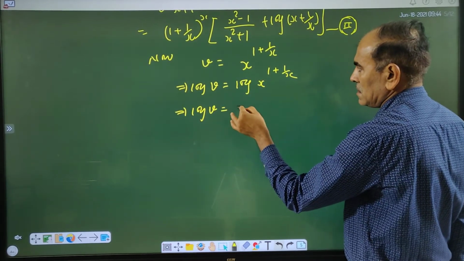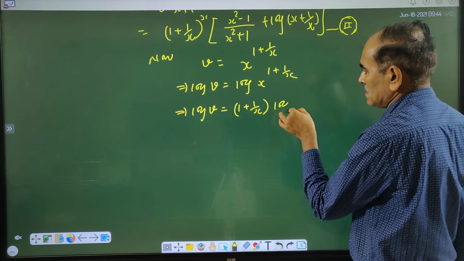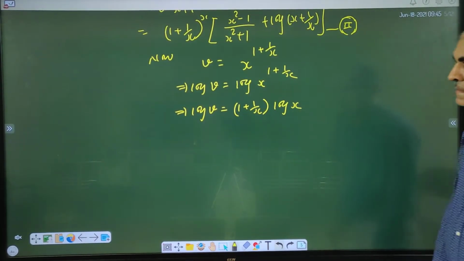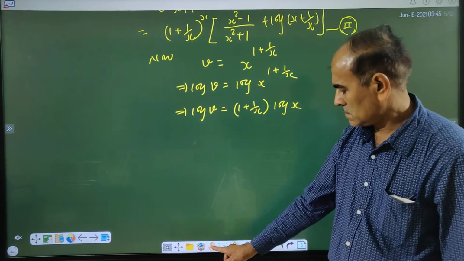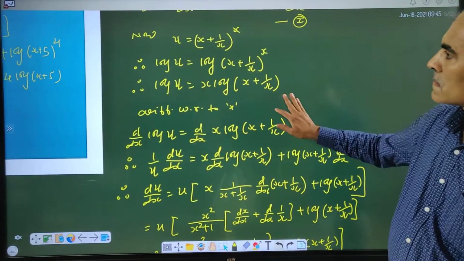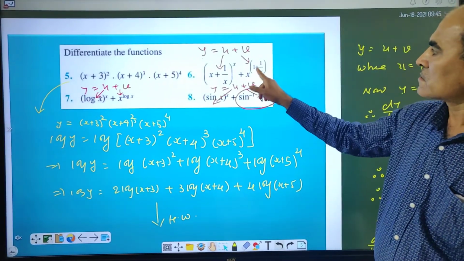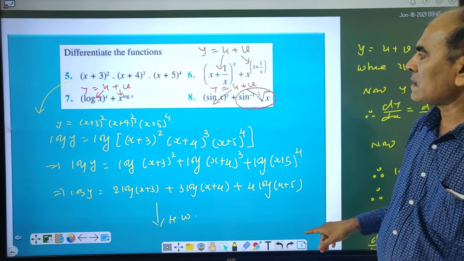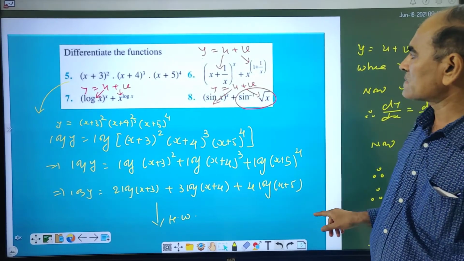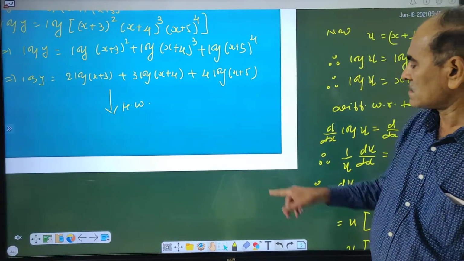So log v is equal to (1 plus 1 by x) into log x. Yes or no? See. x to the power 1 plus 1 by x. Then here x plus 1 by x is given to that. Here and here 1 plus 1 by x is given.